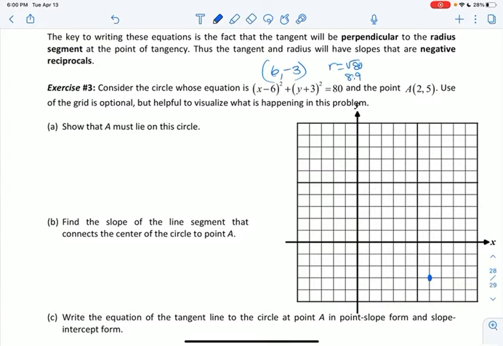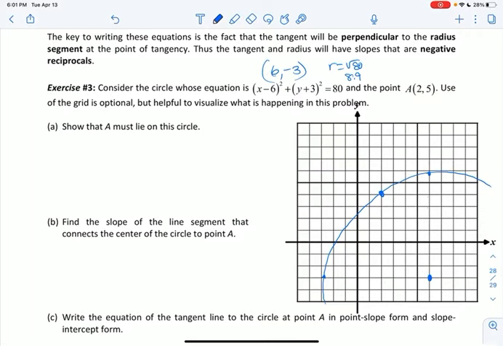So that means I'd be going 1, 2, 3, 4, 5, 6, 7, 8, 9 in this direction, almost. And then 9 in the other direction. All right, so it looks something like this, and going that way too. Let's see. So the point (2, 5), so 2, 1, 2, 3, 4, 5.